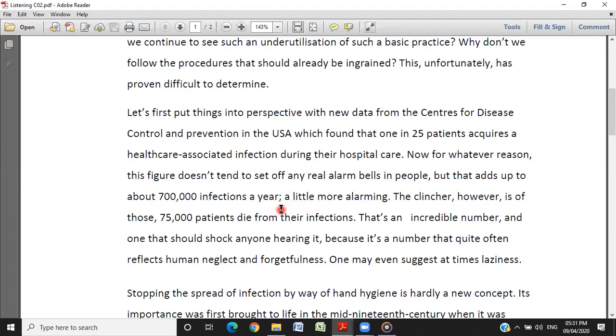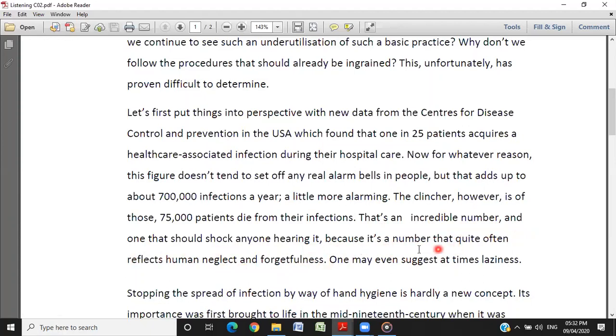And then it is alarming, but still this figure doesn't tend to set off any alarm bells in people. So she was using this data, saying that even if there are so many infections, still we are not alarmed about it. And again, when she talked about the deaths, she said, that's an incredible number, and that should shock anyone hearing it, because it is a number that reflects human neglect and forgetfulness.